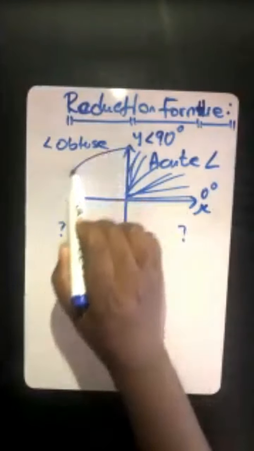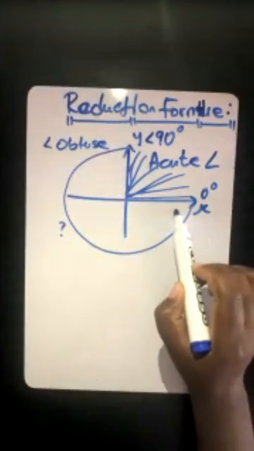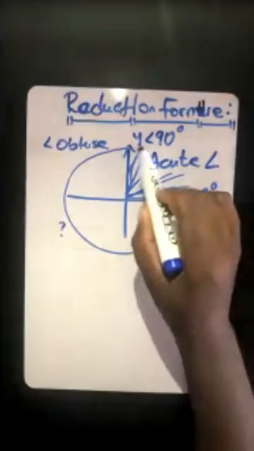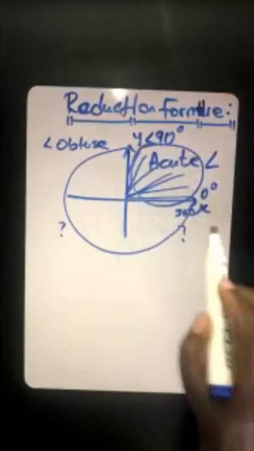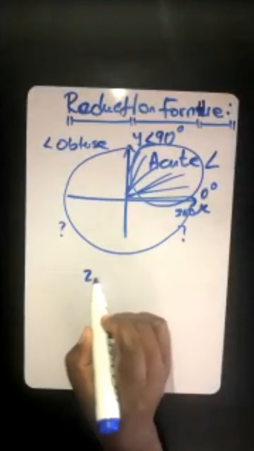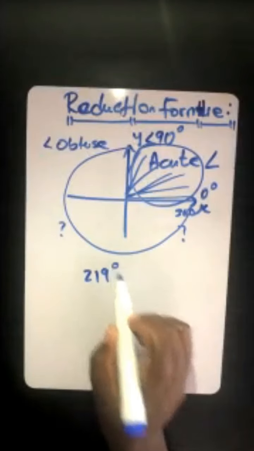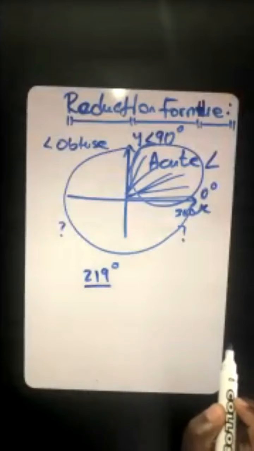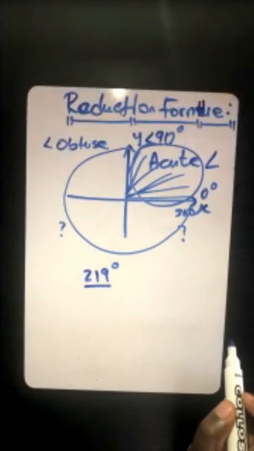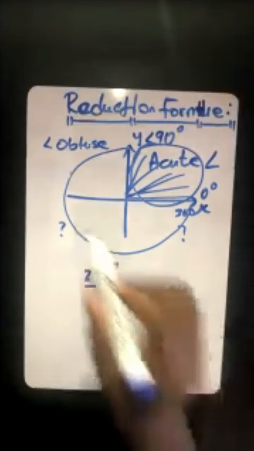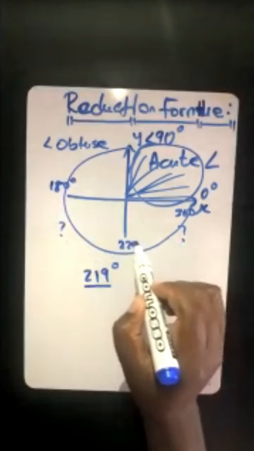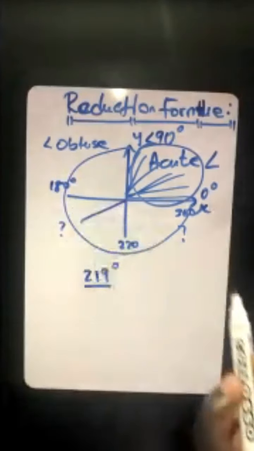So with a reduction formula, we are trying to take all the angles which have formed from 90 degrees up to 360 degrees and reduce them to acute angles. It's more like if you are given, let's say, 219 degrees, ask yourself: under which quadrant does 219 degrees fall? Let's say there it's 180 degrees, this is 270, so it falls somewhere in that quadrant.